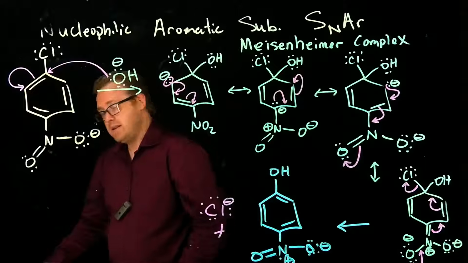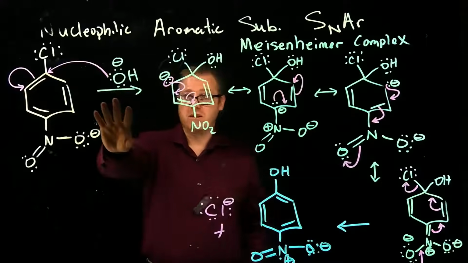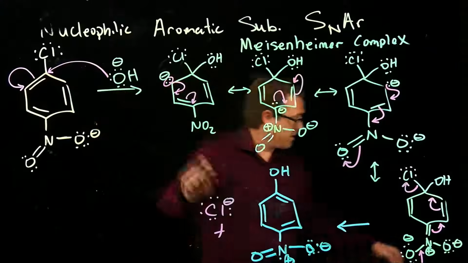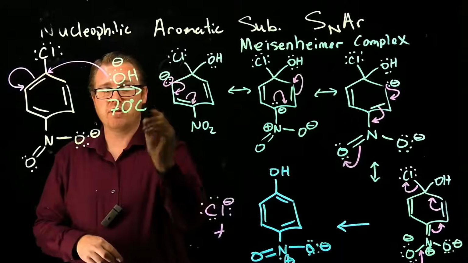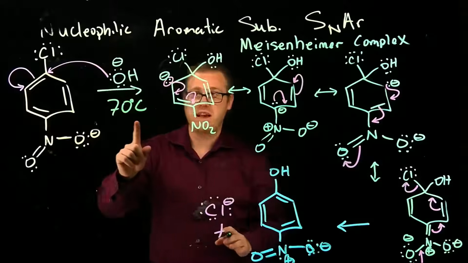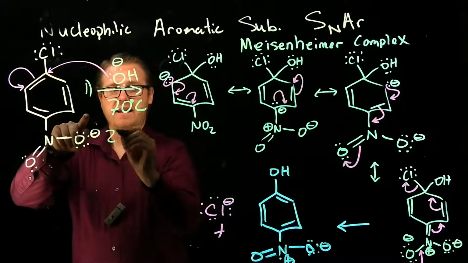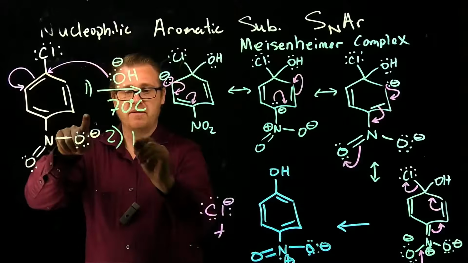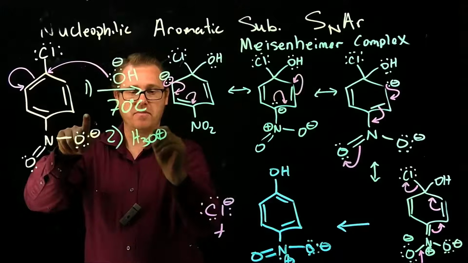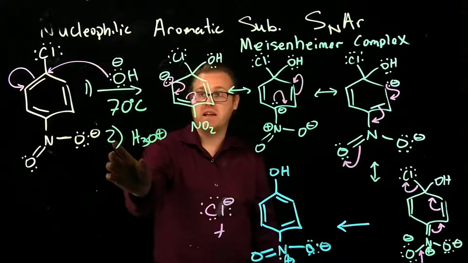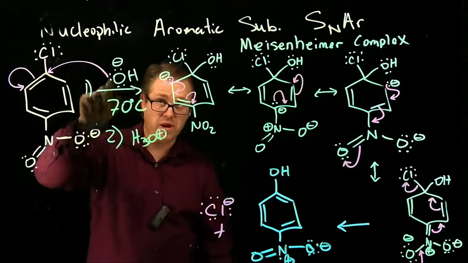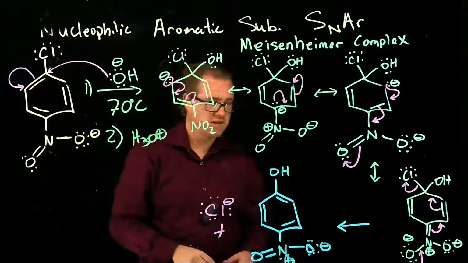Now, when we do this reaction, remember there has to be some heat present. That's the first step. But then you have that second step where you have to do the acidic workup. The reason you have to have that second step is because in the first step, you are under basic conditions.